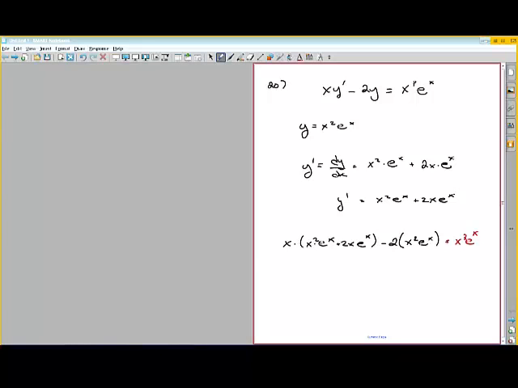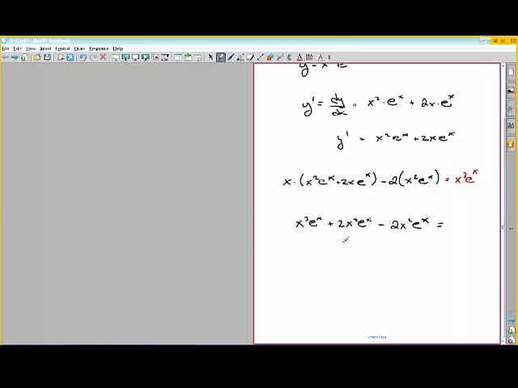So we're just going to use the distributive property to multiply x times each one of these terms. We get x cubed e to the x. Here we have x times 2x e to the x, which is 2x squared e to the x. Then we multiply negative 2 times y, so we get negative 2x squared e to the x.